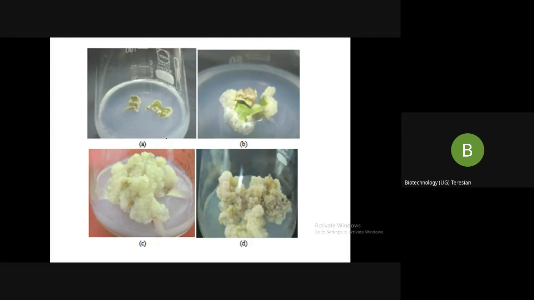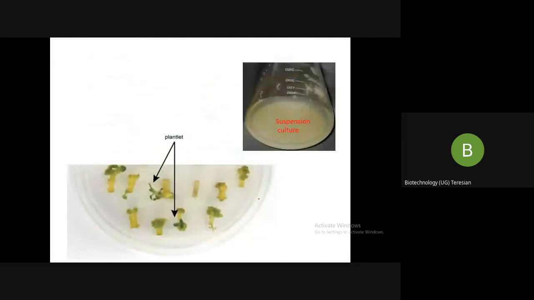Whatever constituents I used first, the freshly prepared media should also have the same constituents. When I do such subculturing, I will get friable cultures, which can be easily dissociated. This is an example of suspension culture. We'll not go into it for now. This is simply showing a plantlet, and how a small plantlet can be used as an explant for growing into callus.